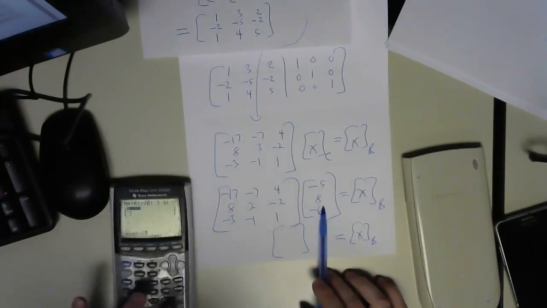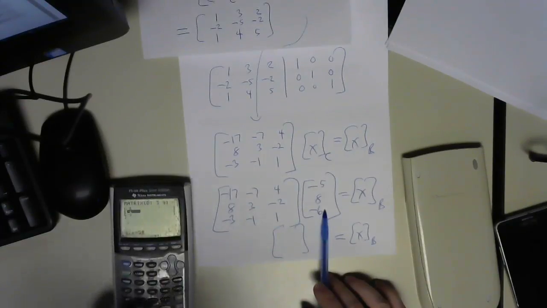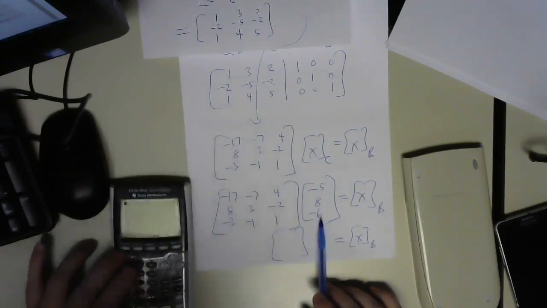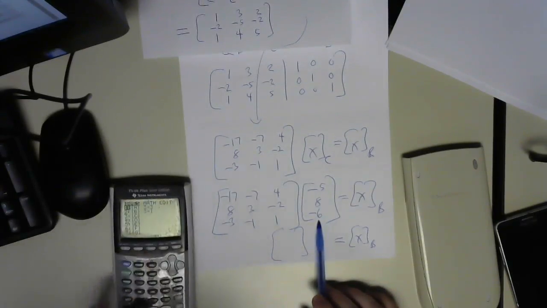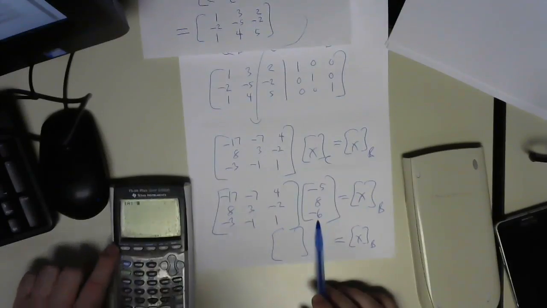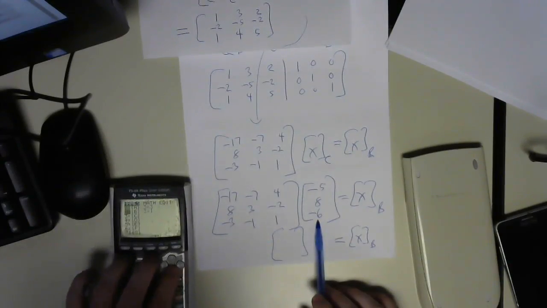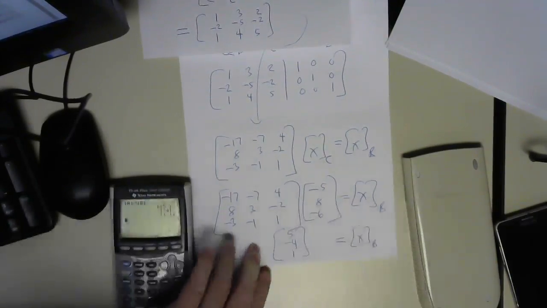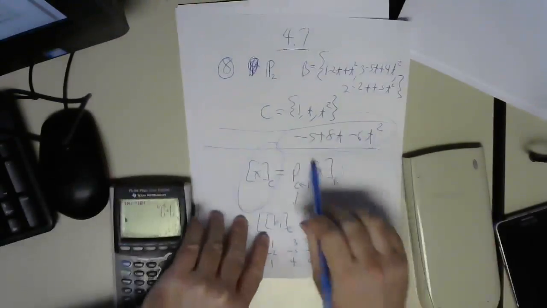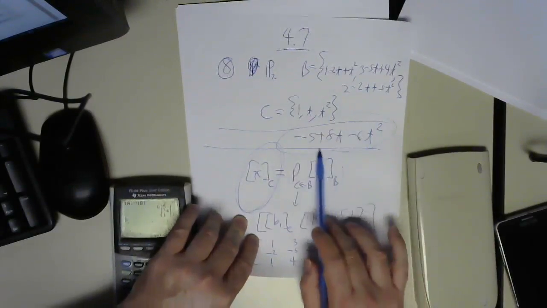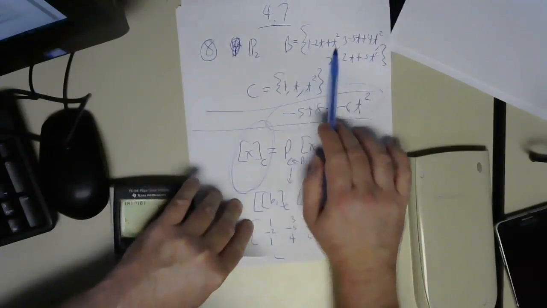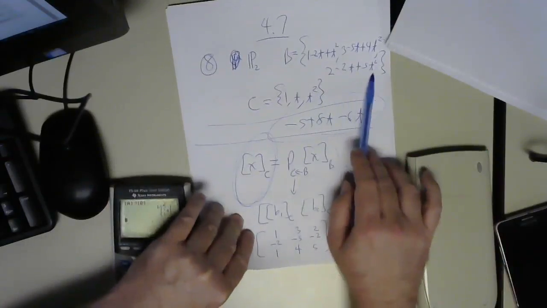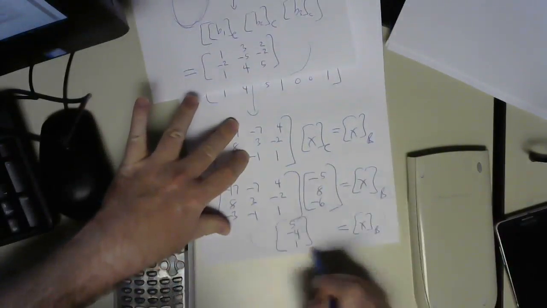So -5, 8, and -6. So now we'll say A inverse times B, and I get this, 5, -4, 1. So I could change this guy into B basis elements. It's really just -5 times this, plus -4 times this, plus 1 times this. And that's what we were supposed to do. This is what we were looking for.